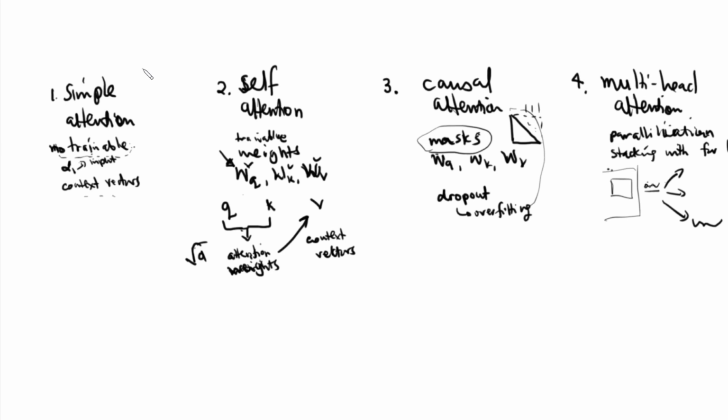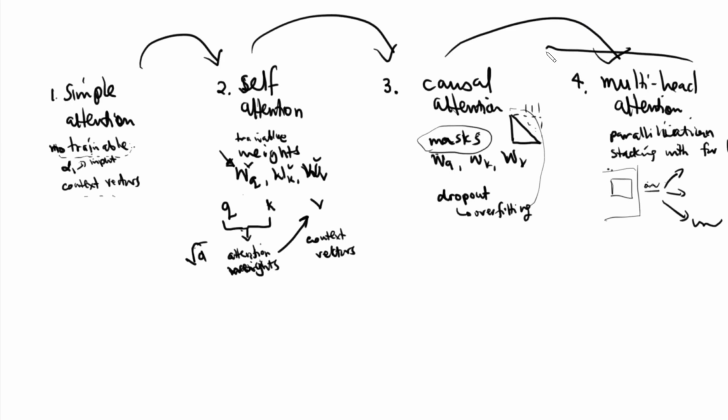Long chapter, but everything was building on top of each other until we got to multi-head attention, which is what large language models use, using parallelization. Like I mentioned, some of them have 96 heads. So when you read that a model has 96 heads, that's essentially what they're explaining.